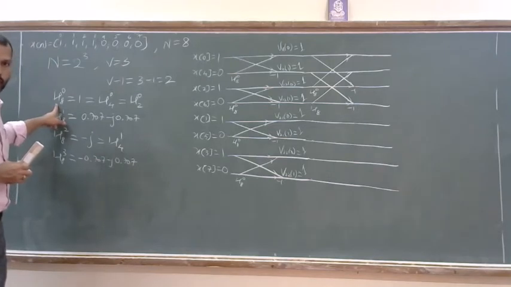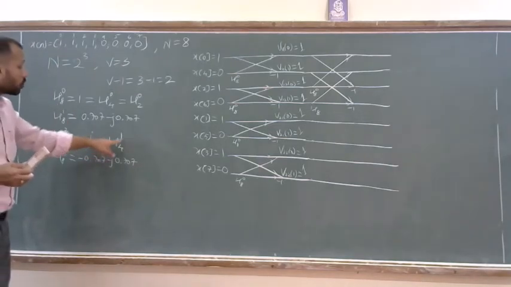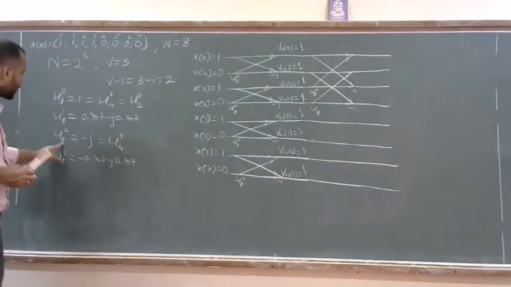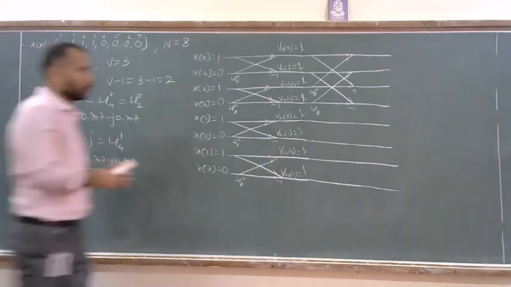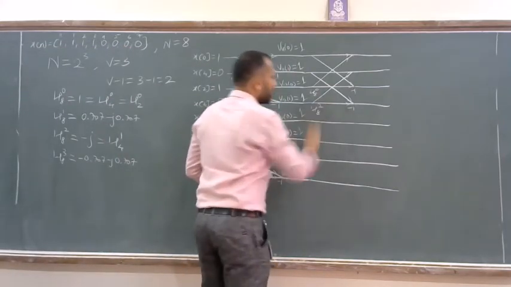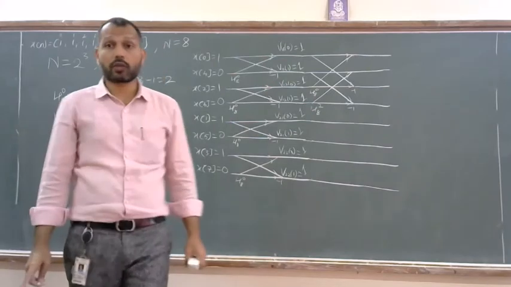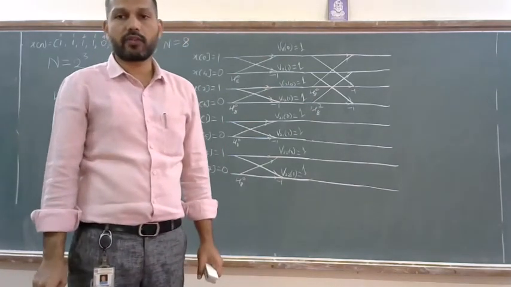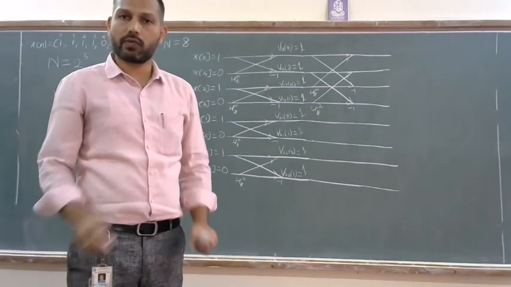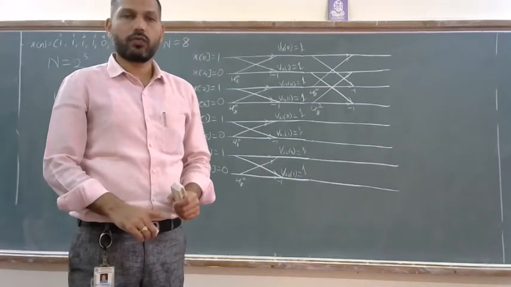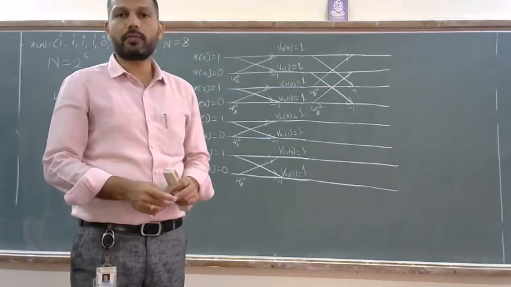We have used it. But W41's equivalent value for the 8-point twiddle factor is W82. So here it will be W82. It will not be W81. There it will be W41, whose equivalent value will be W82, which will be minus j.